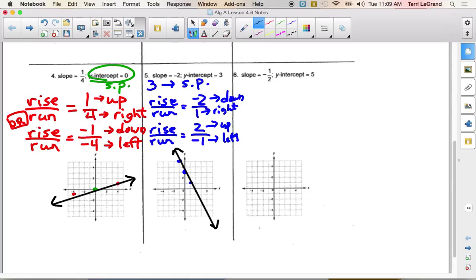And again, you check out the behavior of the line, see if it's a good behavior. Okay. Did you get the same one I did? We have a match? Okay.